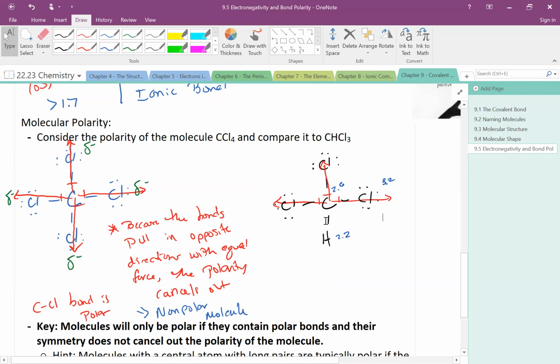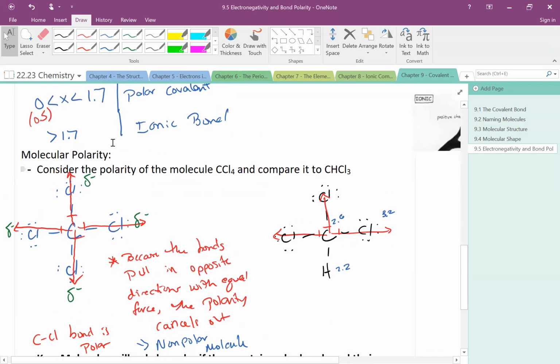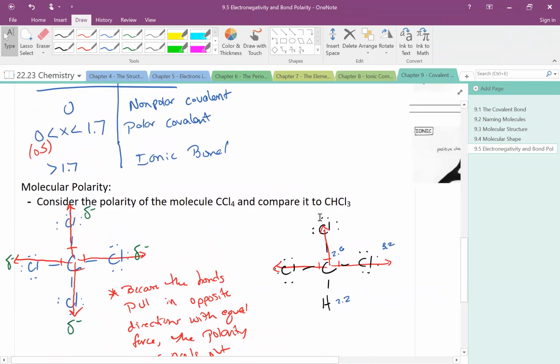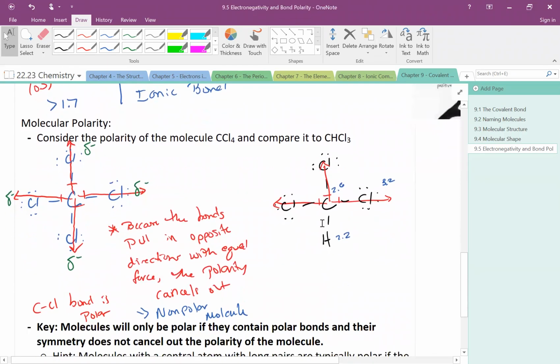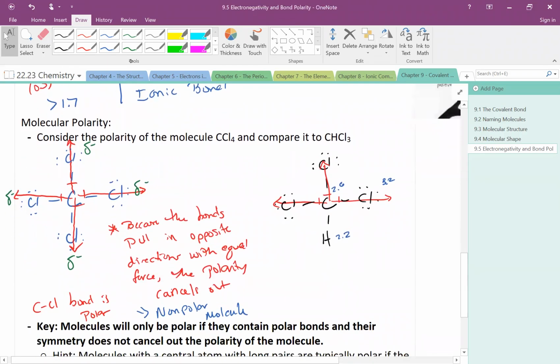However, my electronegativity difference for my H to C bond is only 0.4, and therefore we would consider that to be a nonpolar bond. So for this molecule, because there is a lack of symmetry, and because this bottom hydrogen here is not a polar bond, overall, my molecule, in green, I'll draw the overall molecule's polarity.